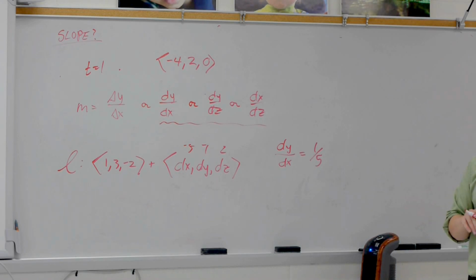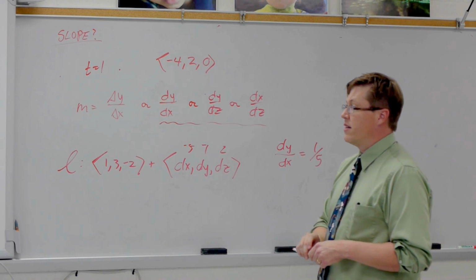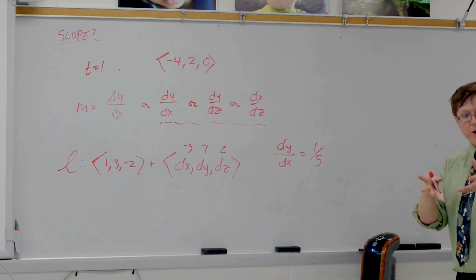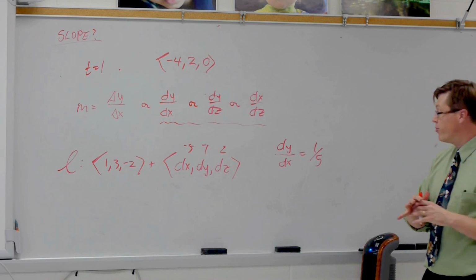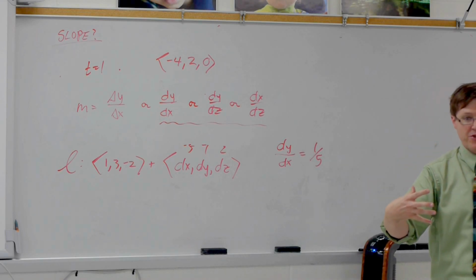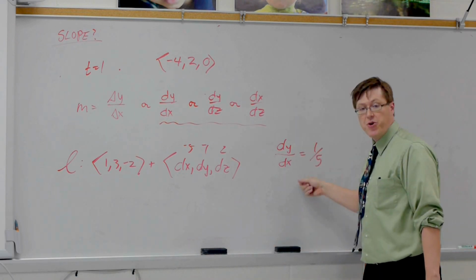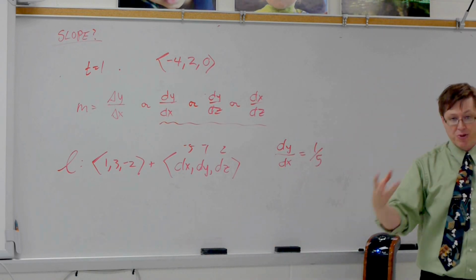Or if you just set them equal to each other and solve for y, that's what I did, and I got y equals something. Basically that's what you get when you set them all equal and cancel out the other variables. You're essentially losing information about z. So the 1/5 that you got was correct for the relationship between x and y.